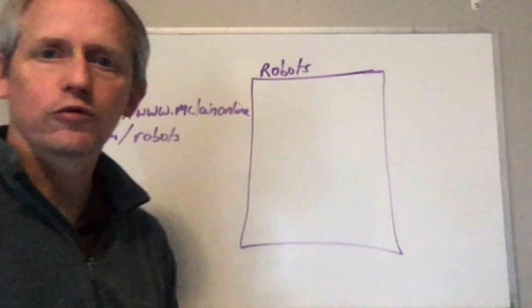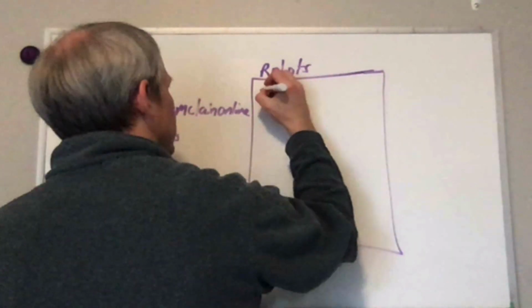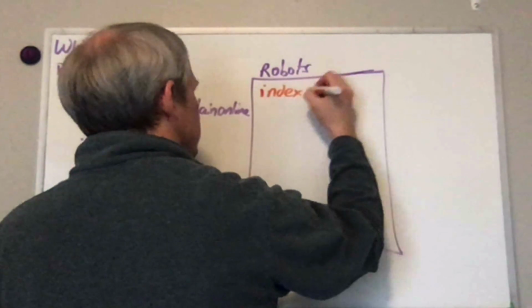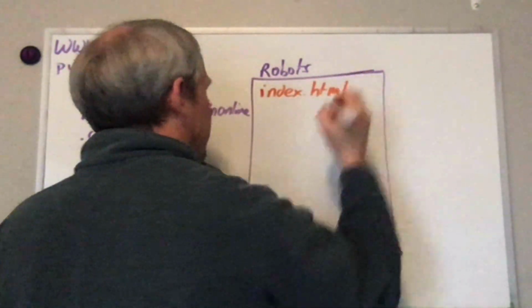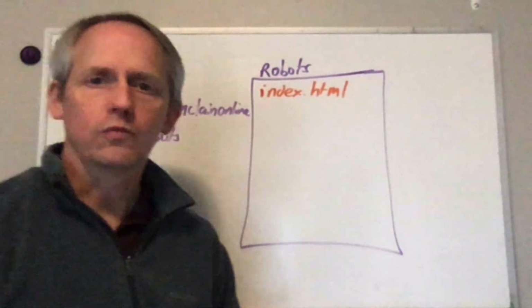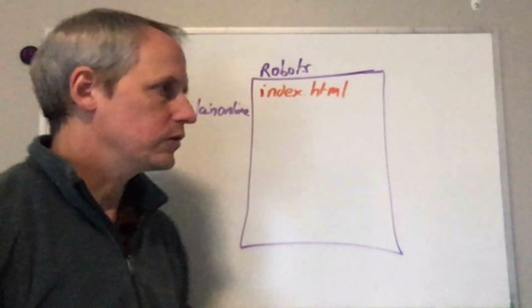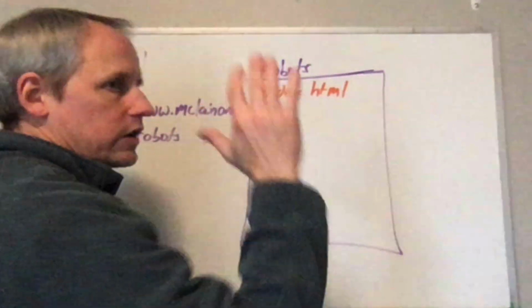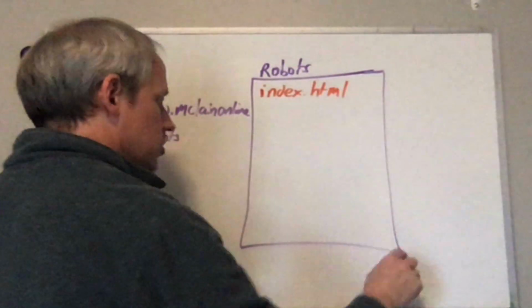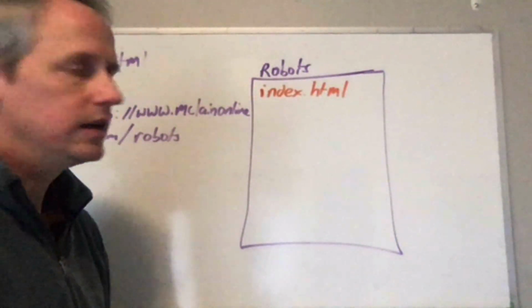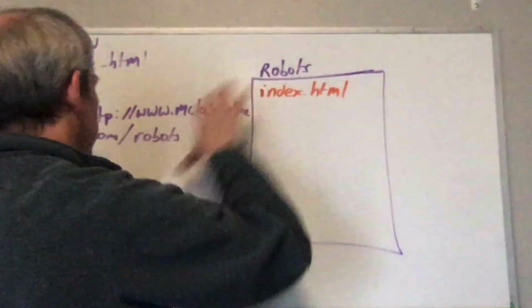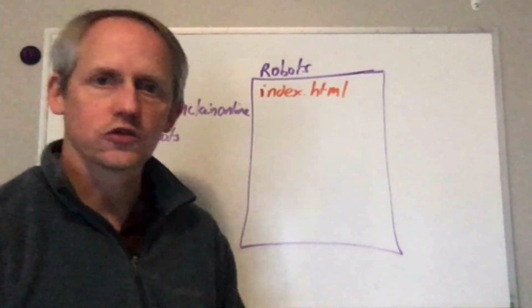And inside of that robots folder, I might have index.html. When you start a Replit, if you started a Replit called robots, it would just give you this folder, okay? But it is a folder that sits inside of some place that gets served up.